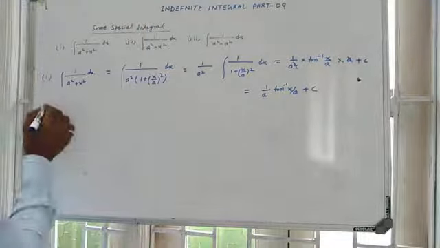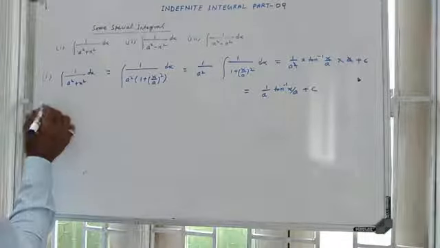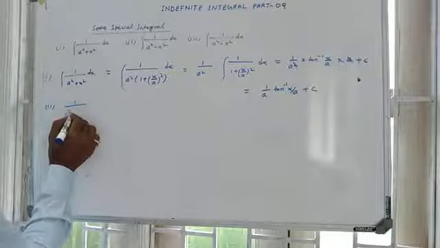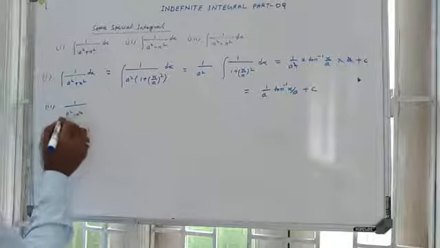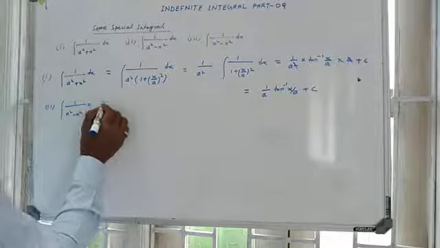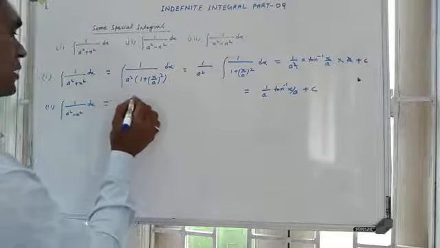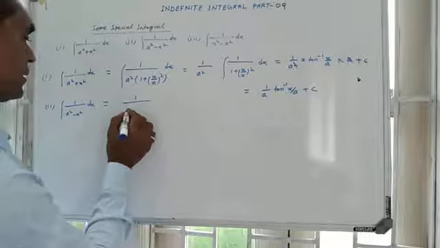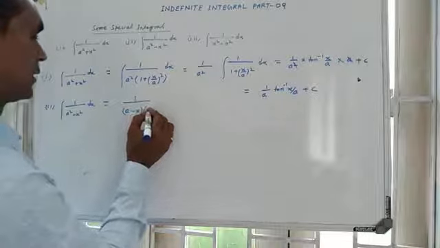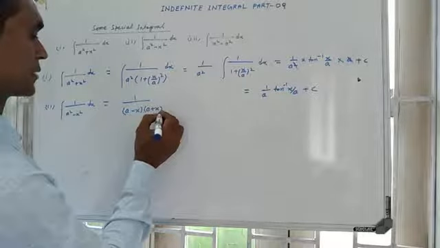Now the second one, 1 by a square minus x square dx. Factorize the denominator: 1 by a minus x and a plus x.